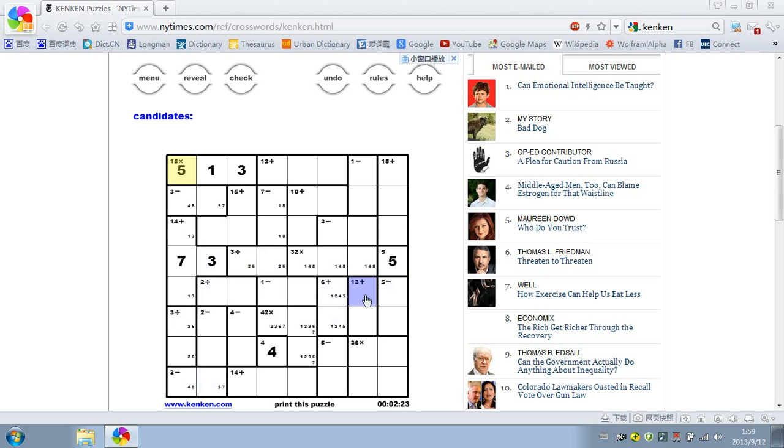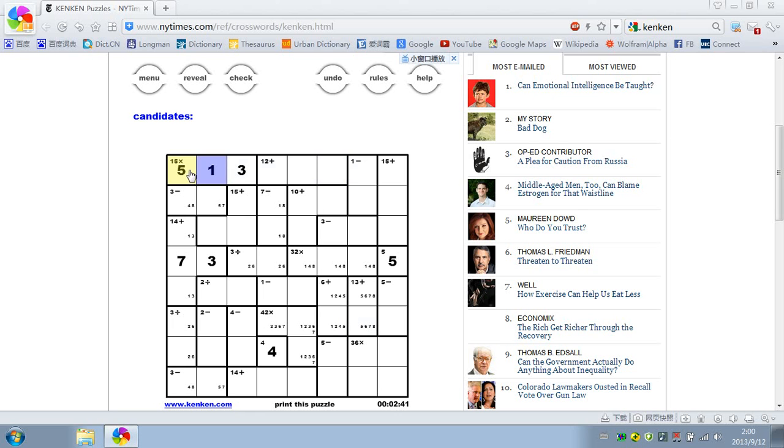And 13 will be 5, 6, 7, 8. So 12, this is 12. 12 plus 9, 21.